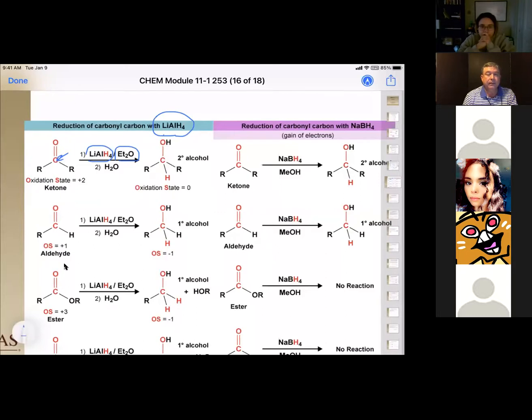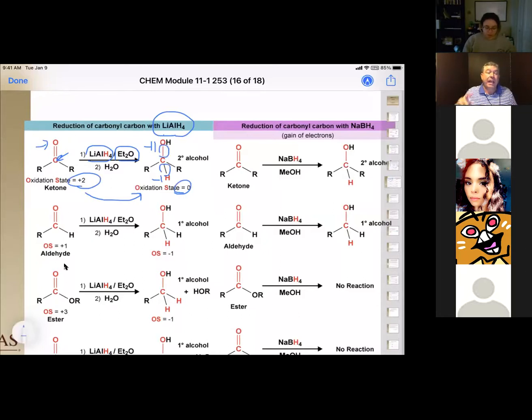Okay. And so what we're going to do is add a hydrogen to the carbon here to give us our reduction from +2, because it has 2 bonds to oxygen, to only 1 bond to oxygen and 1 bond to hydrogen. So we get a -1 for that. We get a +1 for that. So our net oxidation state is now 0. Okay.